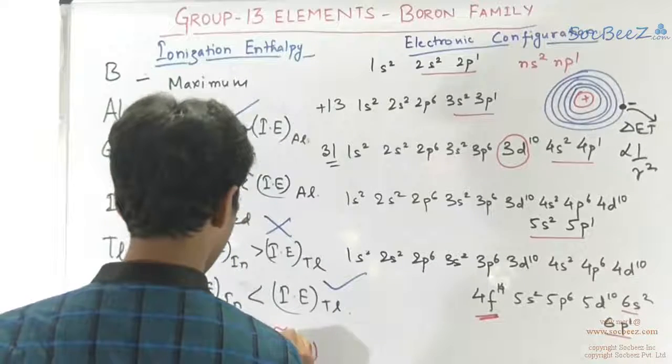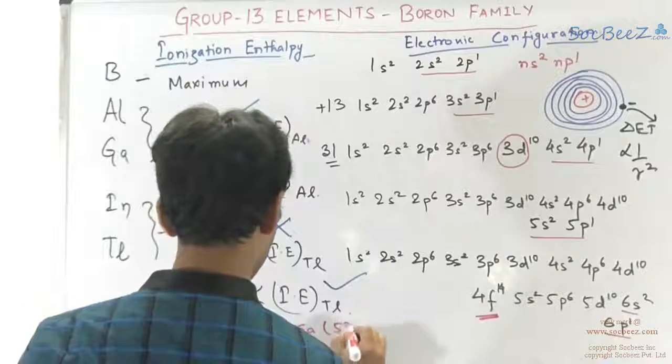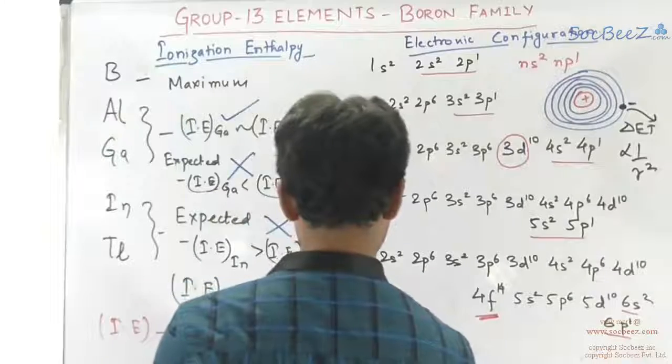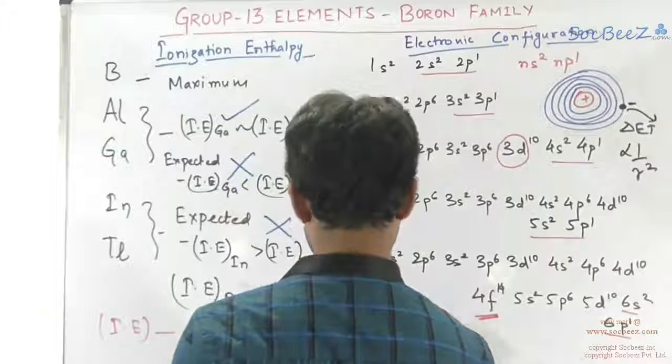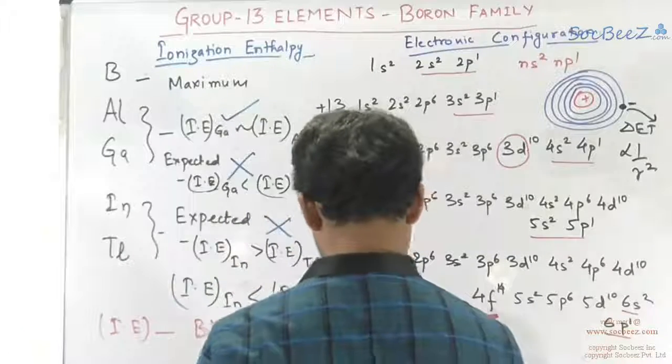Then it is equivalent to gallium. The ionization enthalpy is 579 kilojoule per mole.